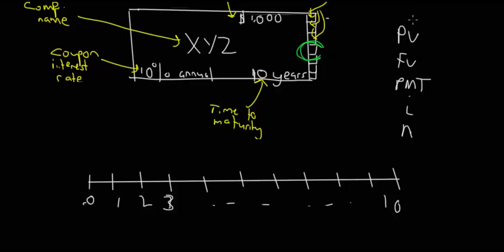So the present value of the bond is something that we're trying to calculate. We're always trying to calculate what's the present value, how much is this financial asset worth to me today. The future value of a bond is always its face value, which is convenient because you've got FV there, which actually stands for future value, but the future value here is the face value. Remember face value? So it's actually 1,000. Now the payment is going to be 10% of the face value. So don't just automatically assume that it's going to be 100.